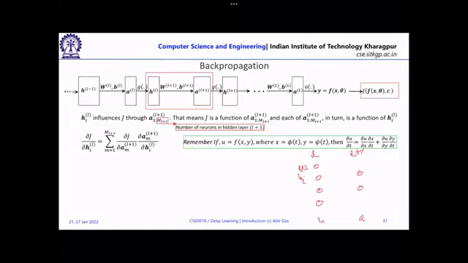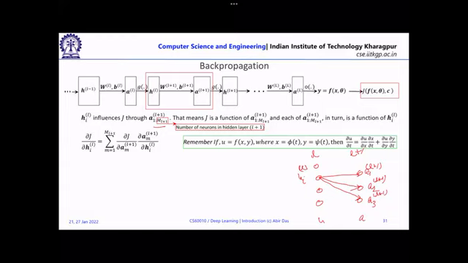Okay, let me draw another one here. So it is giving a weight there, and a weight there, right? So what I mean when I say that HIL influences J through this is: this is A1, this is A2, this is A3 of the layer L plus 1. I can write it just for the sake of completeness.